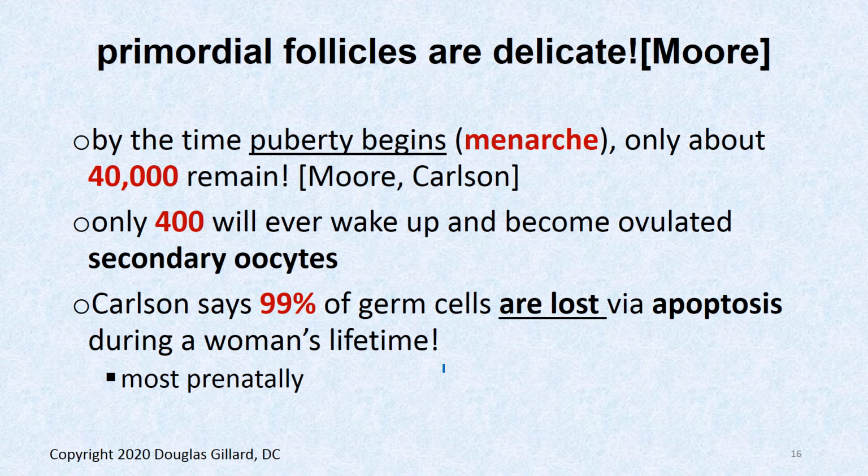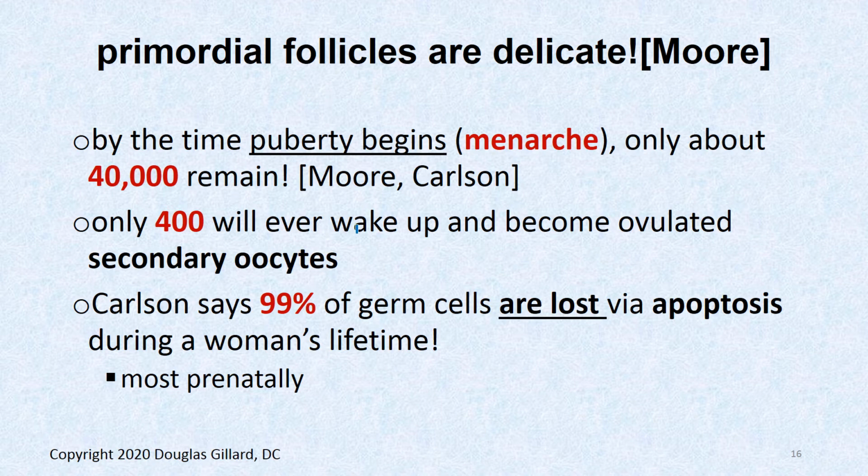And to go a step further, we're going to learn that some of these primordial follicles wake up and start growing like crazy. We're not sure why some wake up and others don't. A whole bunch of them will stay just as a primordial follicle.